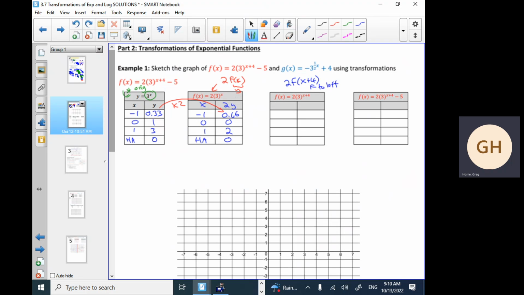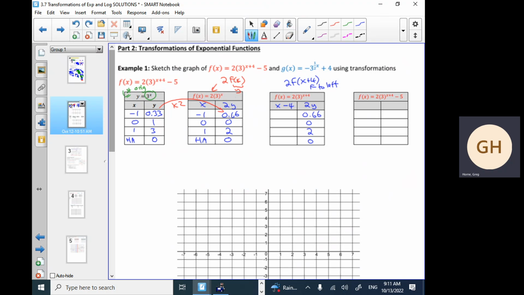Because that's to the left, all we're doing is shifting the x values to the left. It's the easiest way to think about it. And of course, we have our transformed function that is stretched vertically by a factor of 2 that we're operating on, so it's still a 2 there. So these apply: 0.66, 0, 2, and 0.